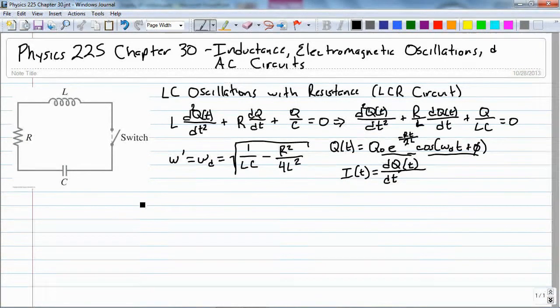Now, just as we had with the springs and pendulums, we still have the same definitions for the different types of results.